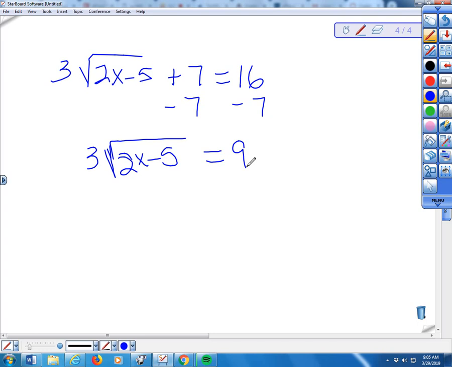It is not isolated yet. I just have a root on the left, but I also have it times 3. So I must isolate the root so that I have a coefficient of 1. Now I'm going to divide by 3.